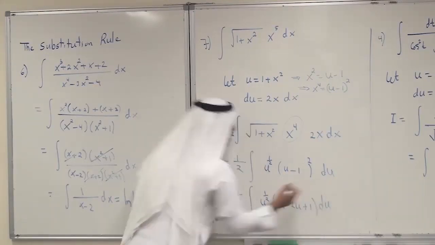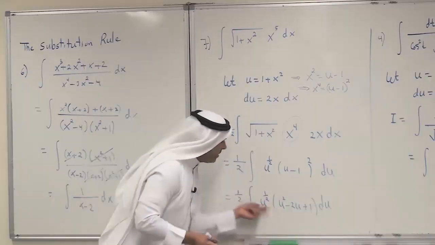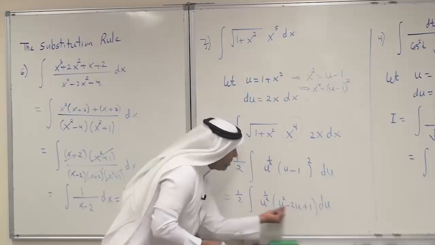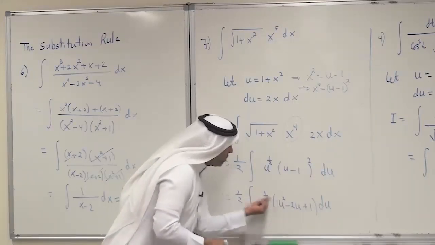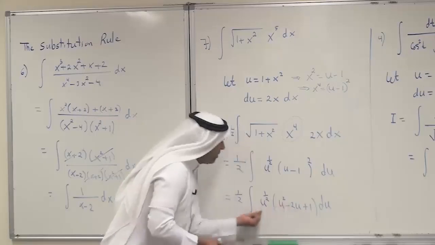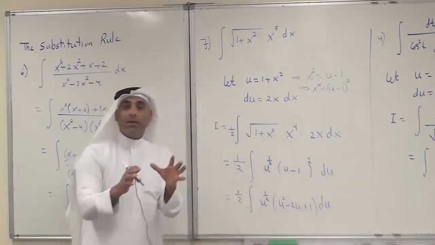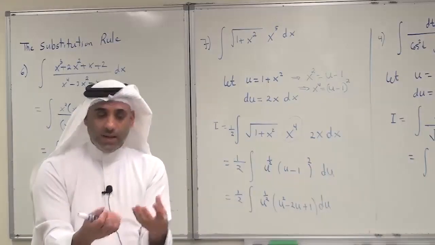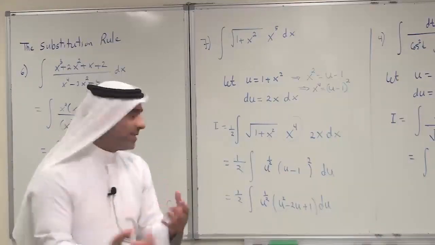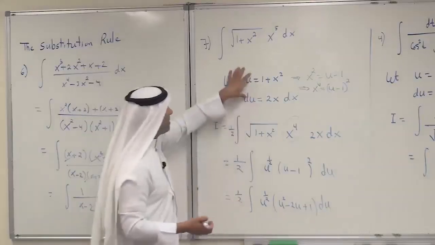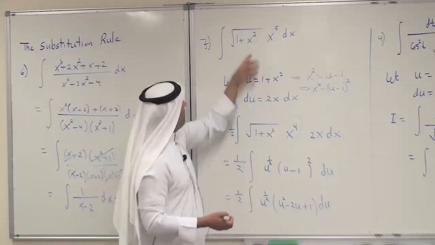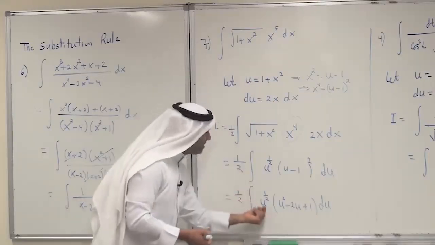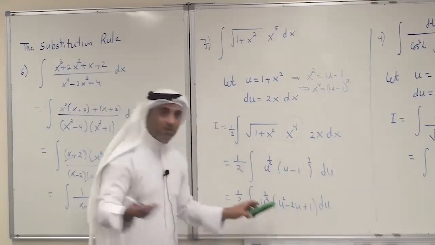So we are converting by multiplying the term u to the power 1/2 by the 3 terms here using the distribution law. U to the power 1/2 times u squared, u to the power 1/2 times 2u, u to the power 1/2 times 1. We will end up with very elementary types of functions that can be integrated easily. So yes, this substitution helped us to convert a relatively unclear integral into some basic functions that we can integrate using formulas.